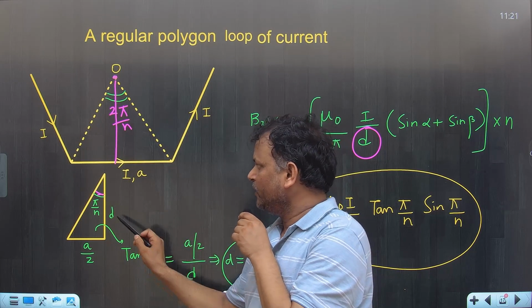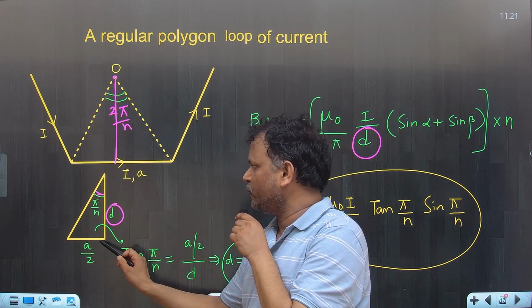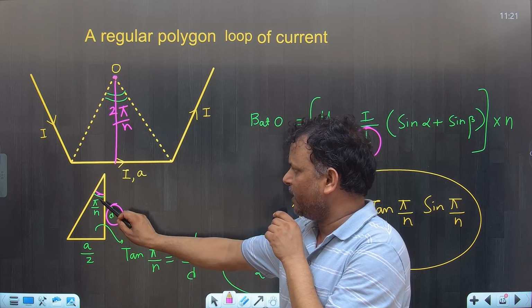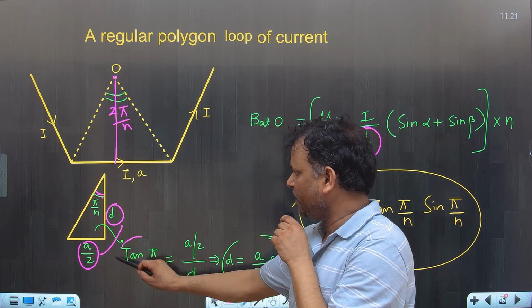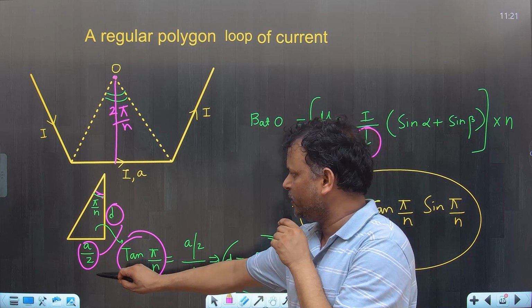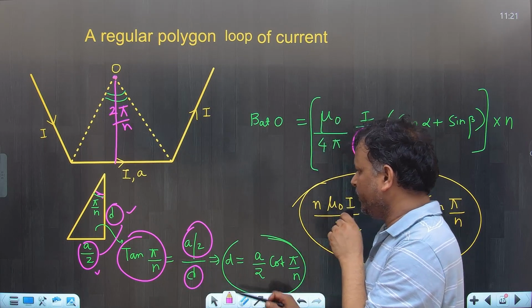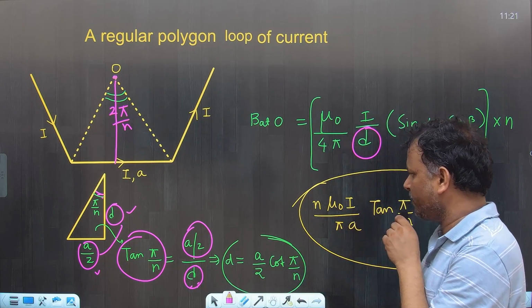This is pi by n. You want to calculate this d. This length was a by 2. So if you want to calculate d, you will use tan pi by n. Tan theta is this by this. So tan pi by n is equal to a by 2 by d. So you can calculate d from here. d is a by 2 cot pi by n.